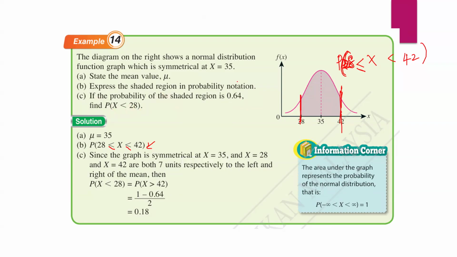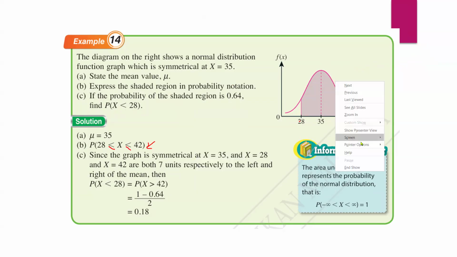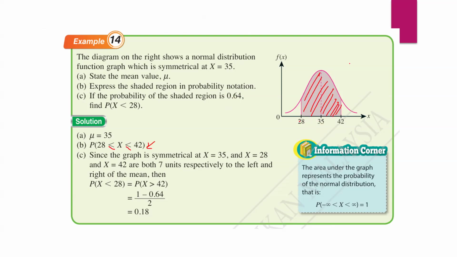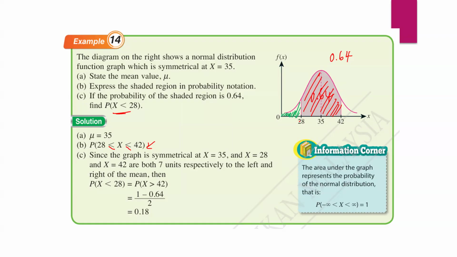How do we find the answer for the green shaded region, which is less than 28?